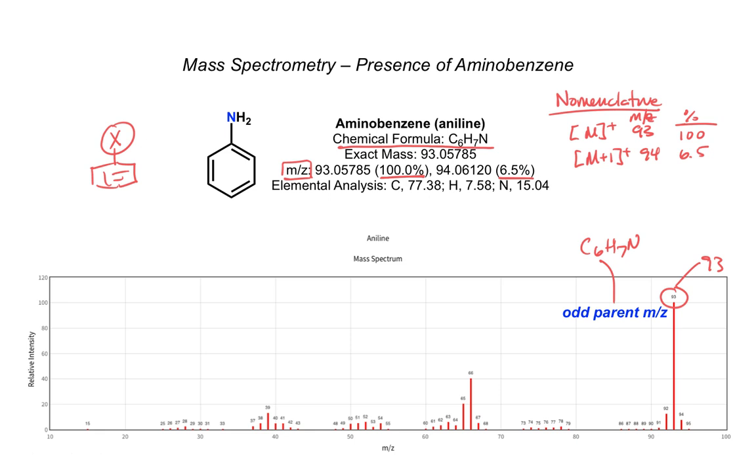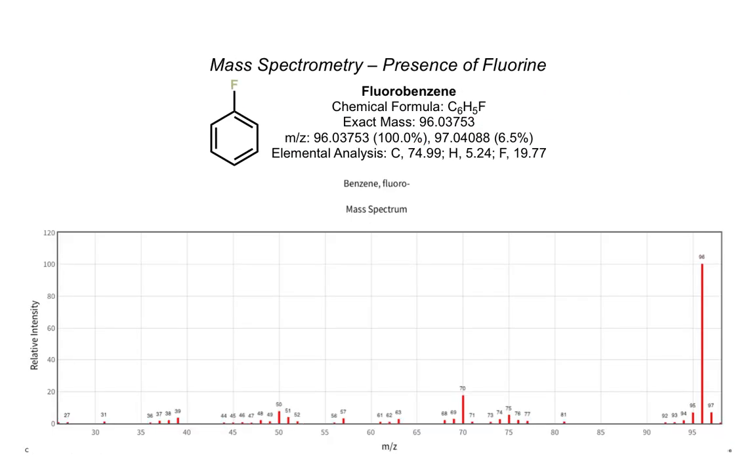So odd number means odd number of nitrogens. That's the signature there. For fluorobenzene, we're trying to determine the presence of fluorine. This has the molecular formula C6H5F.